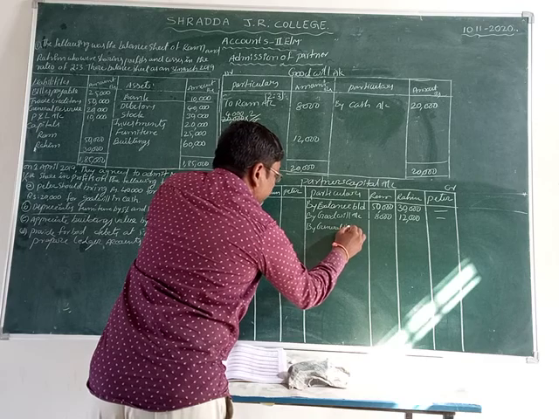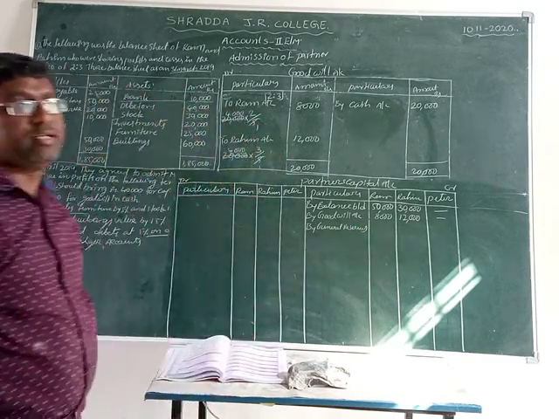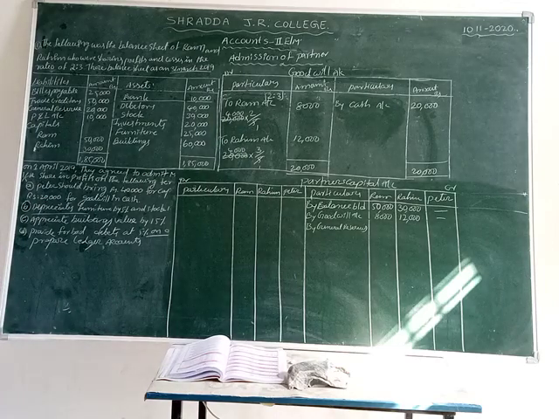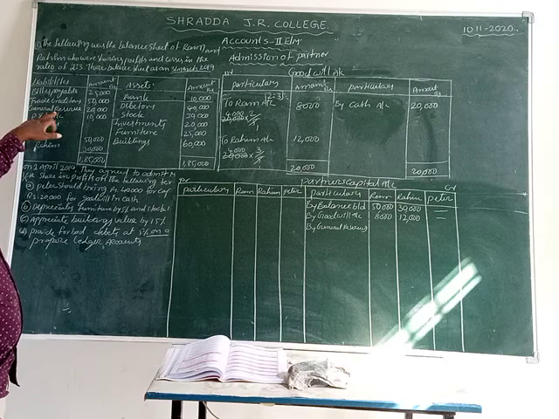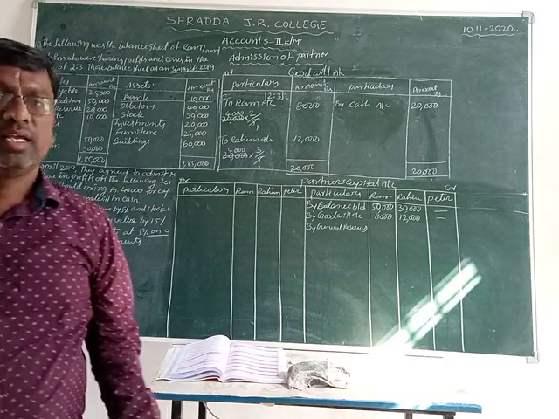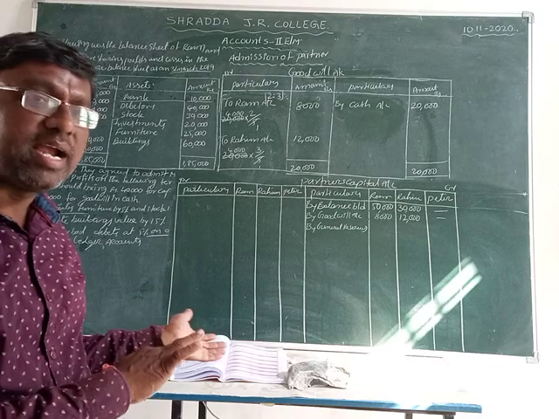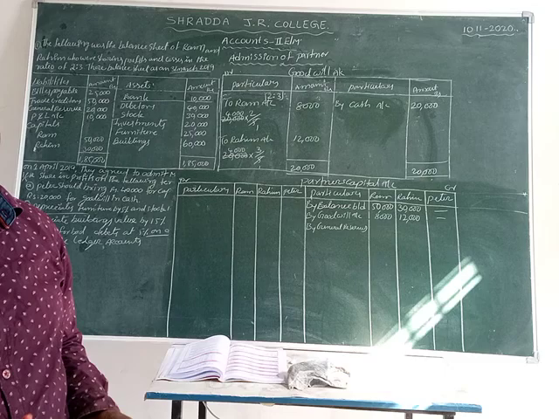Now another one is by general reserves, isn't it? Where is the general reserves, friends? That is on the liability side. In the old balance sheet, general reserves are given as 20,000. The old partners share the assets and liabilities also. Why? Because a new partner comes in now.